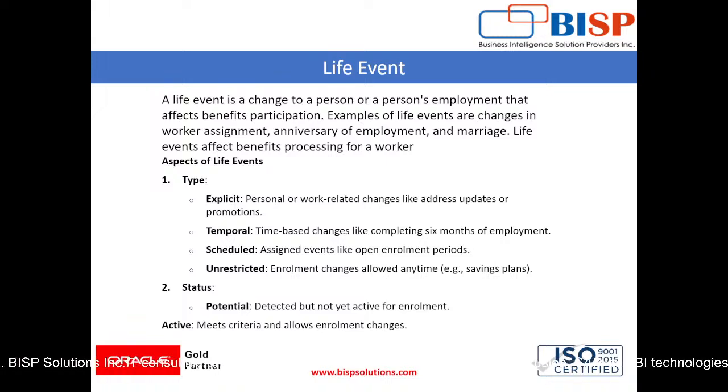So whenever you can open the enrollment period, that is your scheduled type. Then you have your unrestricted type, which is where enrollment changes are allowed, so you can enroll anytime with this life event.